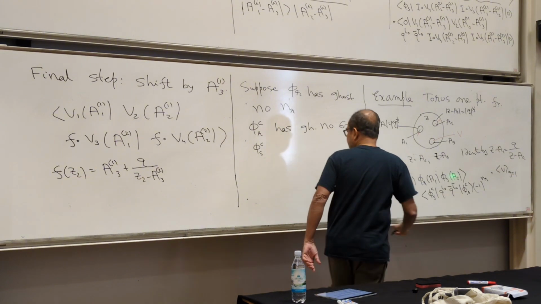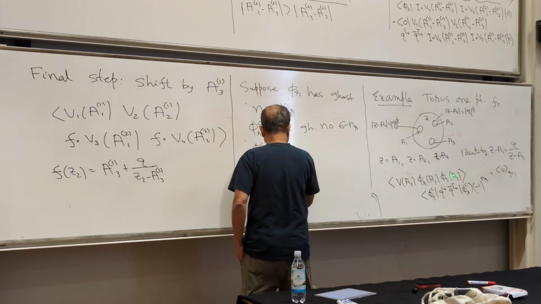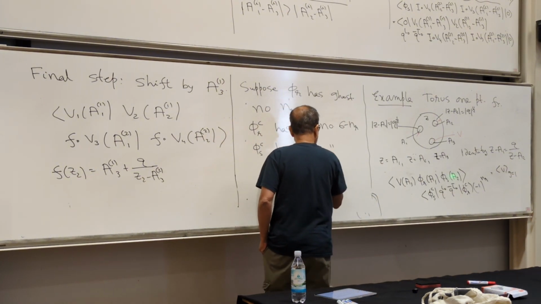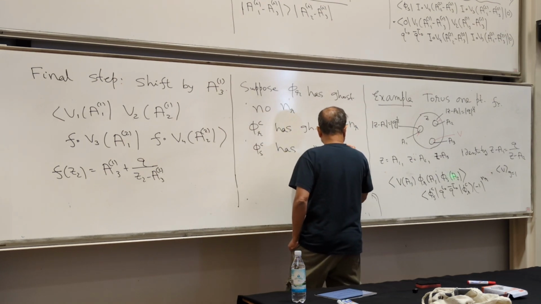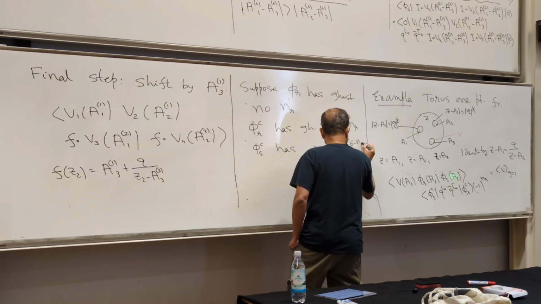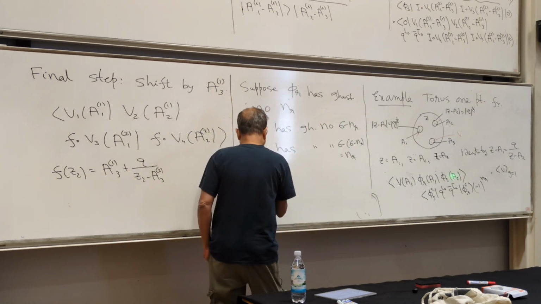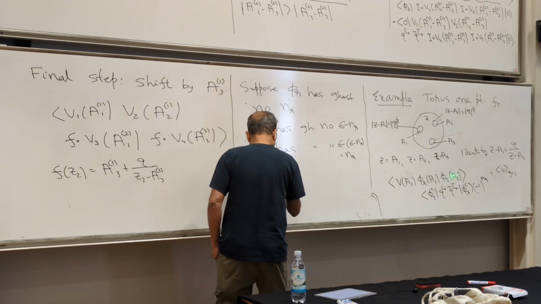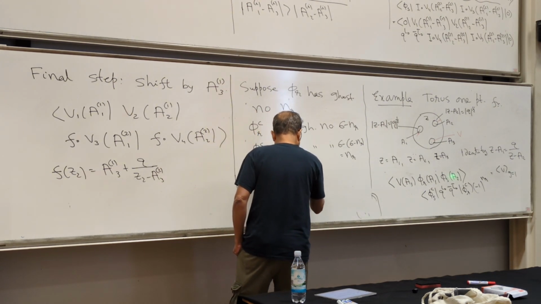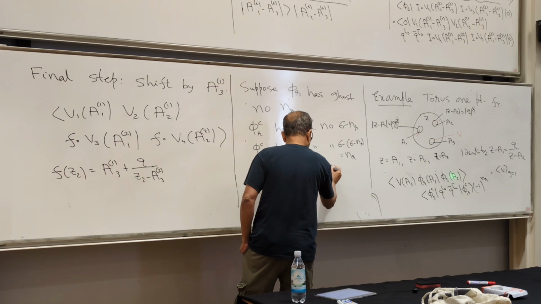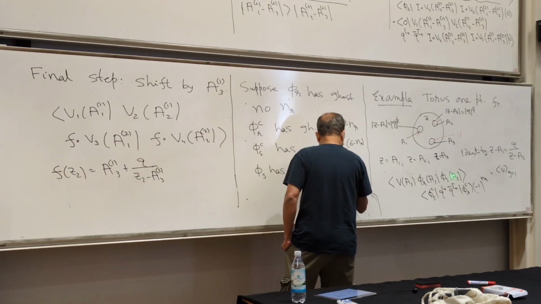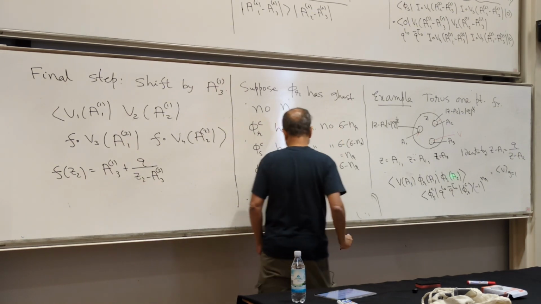Okay. So phi s c has Grassmann number 6 minus (6 minus nr), which is nr. So then phi s has Grassmann number 6 minus nr. Okay, because it's conjugate to phi s c.